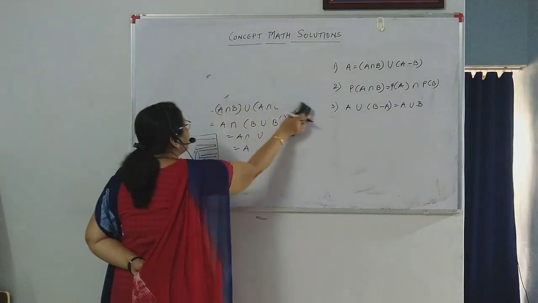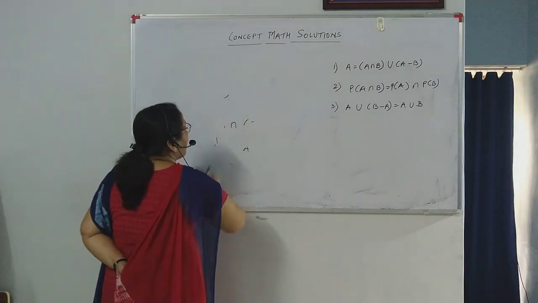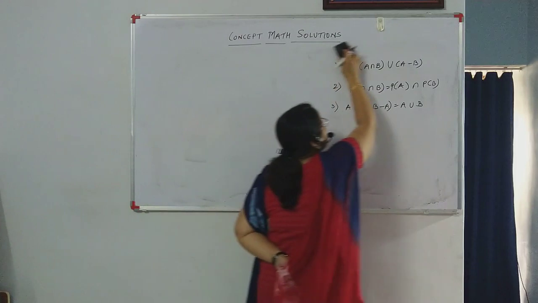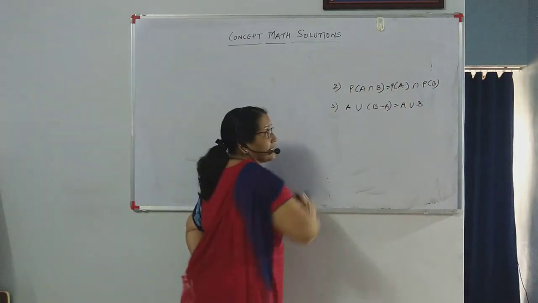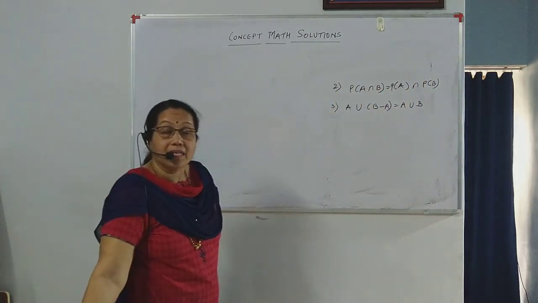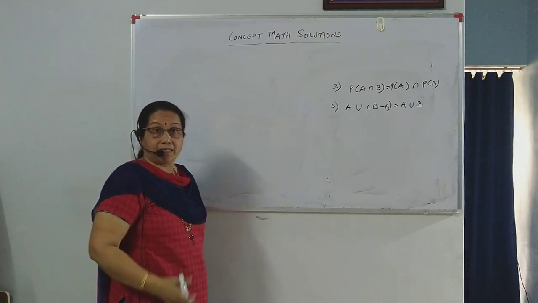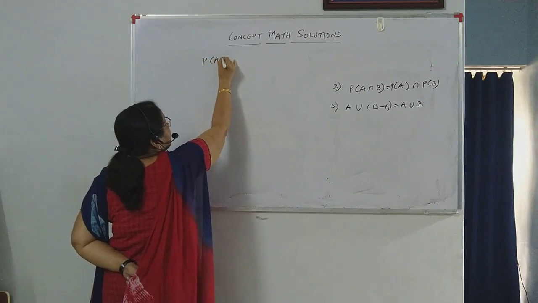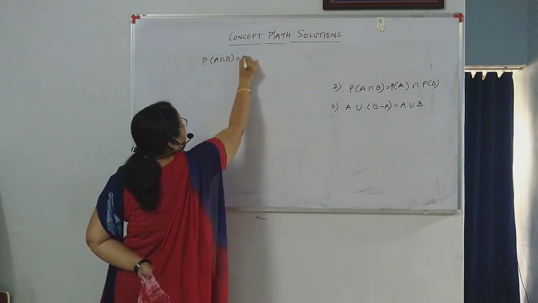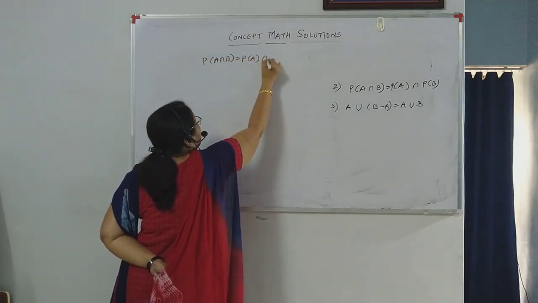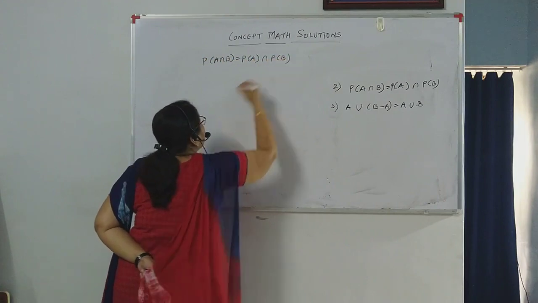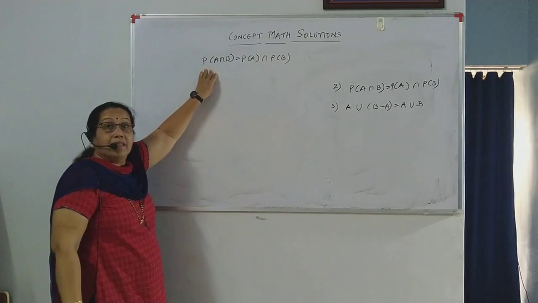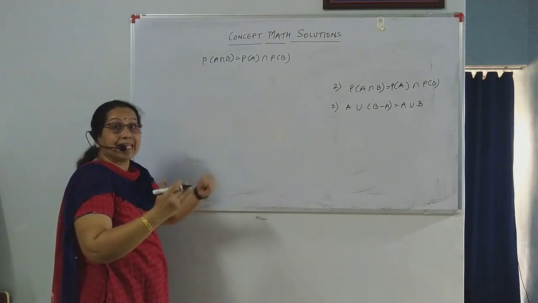Let's move on to the second part. And we know P of A intersection B means power set of A intersection B. Power set is the set of all subsets, right? We have to prove P of A intersection B is P of A intersection P of B, right? So this is the power set of A intersection B. That means its elements are going to be sets.